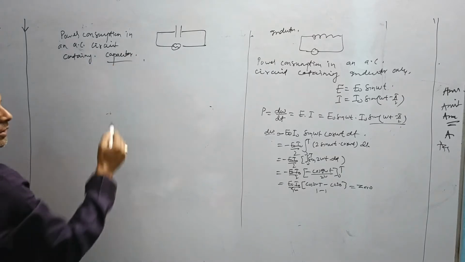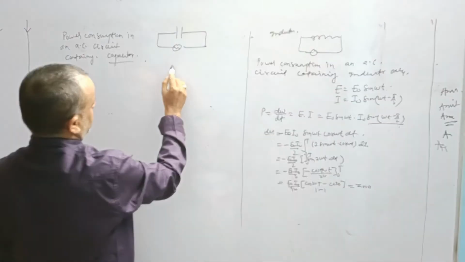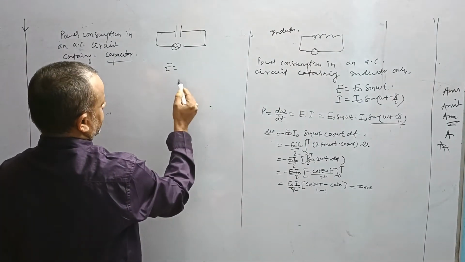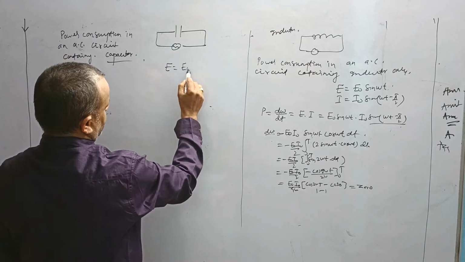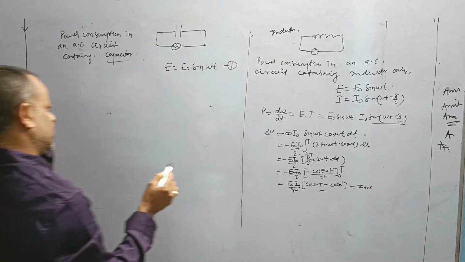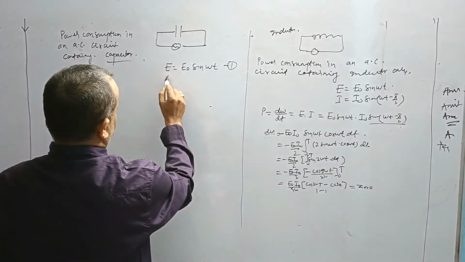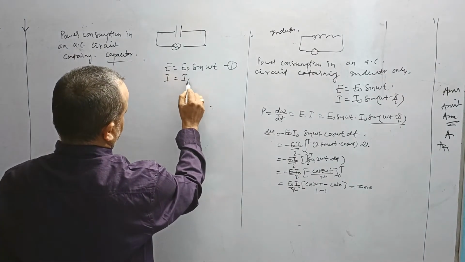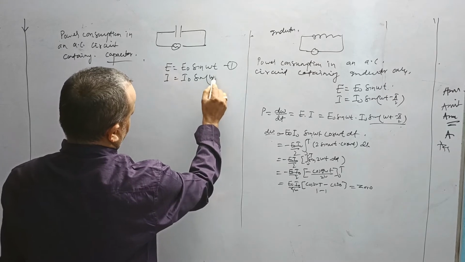See, in the case of capacitor, we had calculated the phase relation between EMF and current. In that case, EMF was E naught sin omega t, and current led EMF by pi by 2.